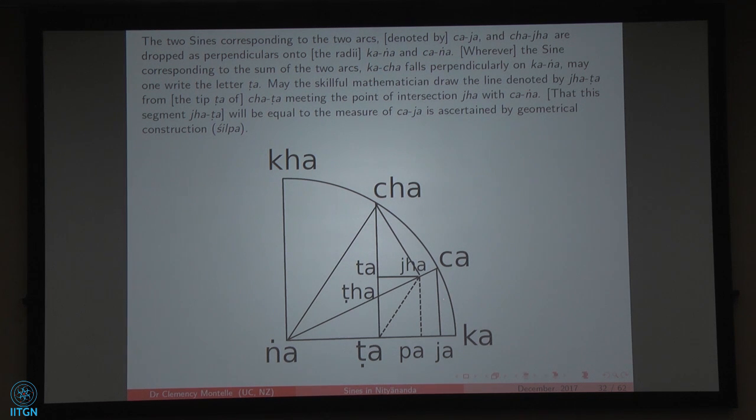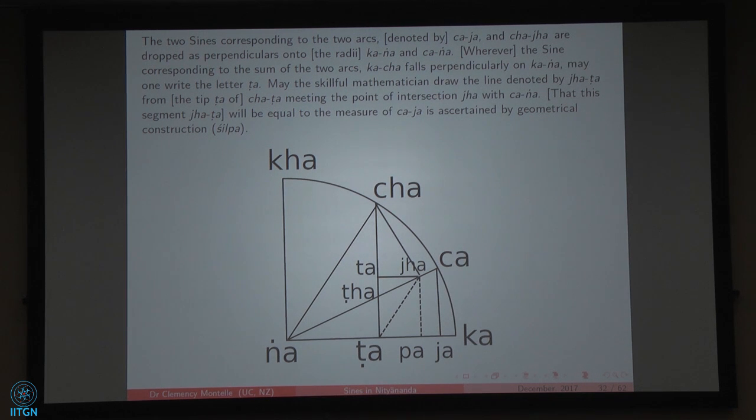What we are looking for is the sum of these two arcs, which is this line cha, ta. So that is what we are showing geometrically. Given these two sines, adding these two together, we want to find this length here.